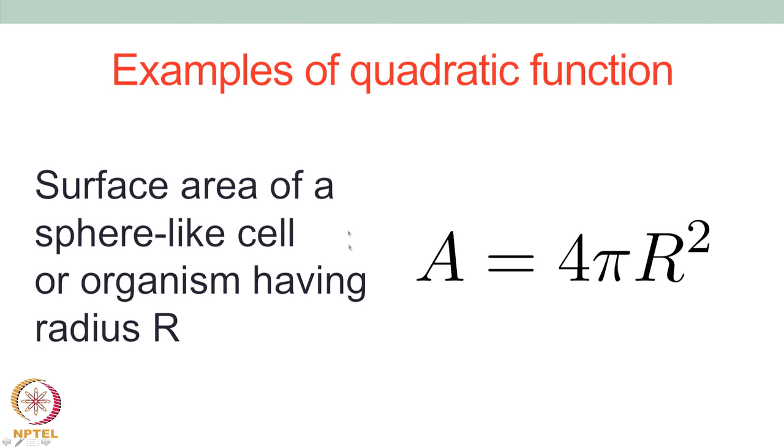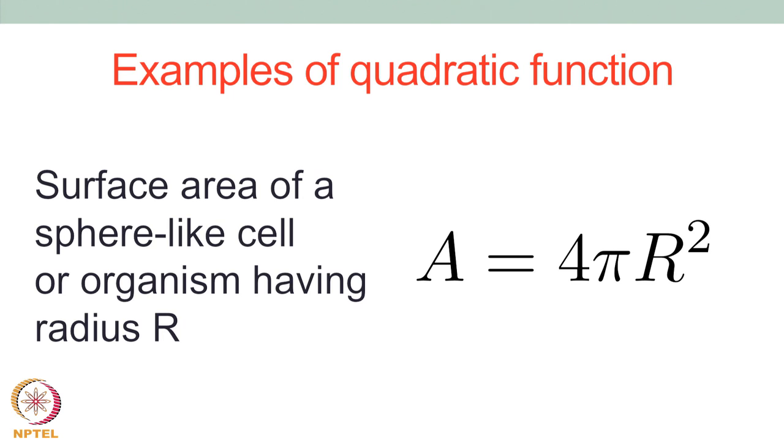And another example would be surface area of a sphere like cell or an organism having a sphere like shape, and if it has a radius r, the area is 4 pi r square. So, this is also a quadratic function. So, if you plot a versus r, this will look like a constant times r square, and this will look like the function that we looked at.